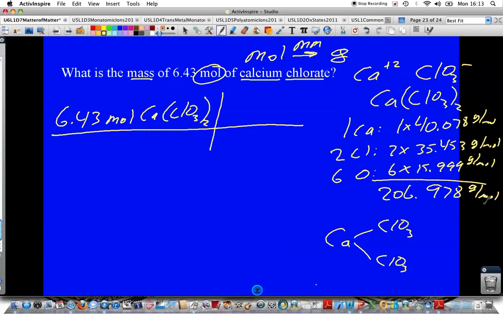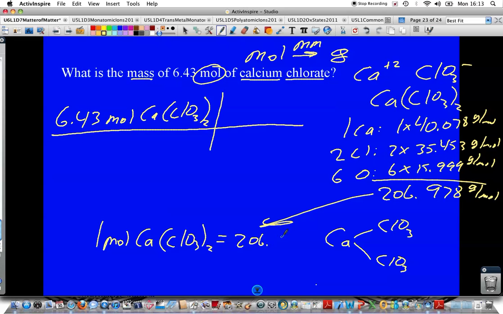I take that molar mass and rewrite it as 1 mole of calcium chlorate is equal to 206.978 grams of calcium chlorate. And then I can use that in my dimensional analysis.